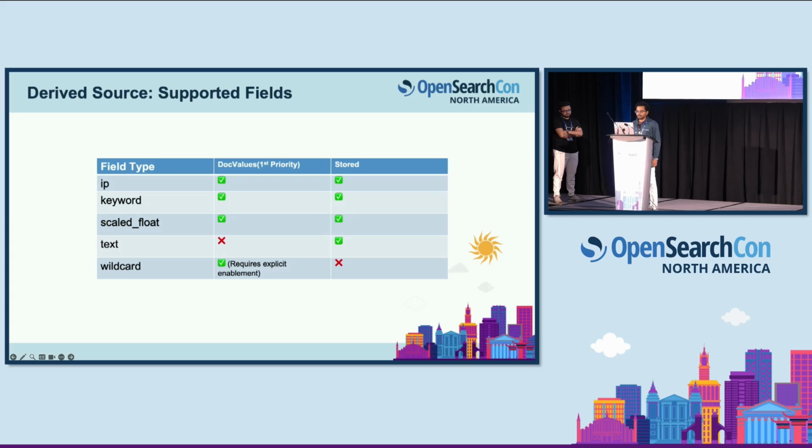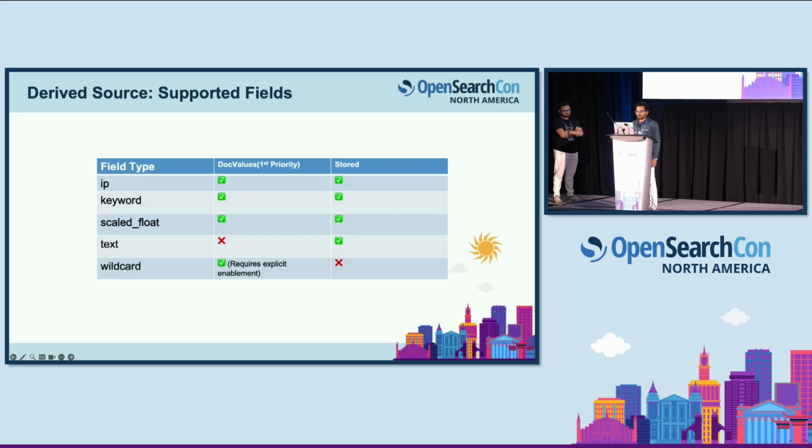For wildcard, it's not a traditional keyword or text field per se, because we first break it into substrings and then create the term dictionary on top of it. So it's hard to derive the original value from there. So you will have to either enable the stored field or doc values for that to be regenerated at the end.